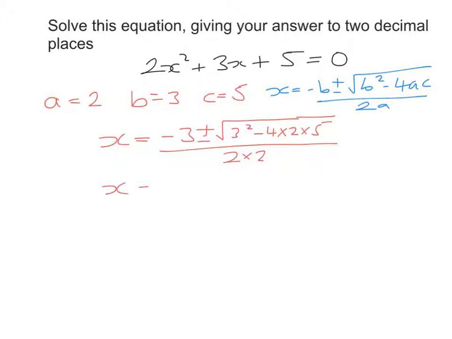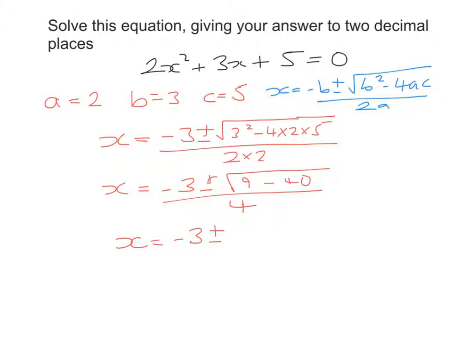Still nice, so let's tidy that up a bit. x is equal to minus 3 plus or minus the square root of 9 minus, what's that, 4 times 2 is 8, 8 times 5 is 40, all divided by 4. So x is equal to minus 3 plus or minus the square root of minus 31, all divided by 4.